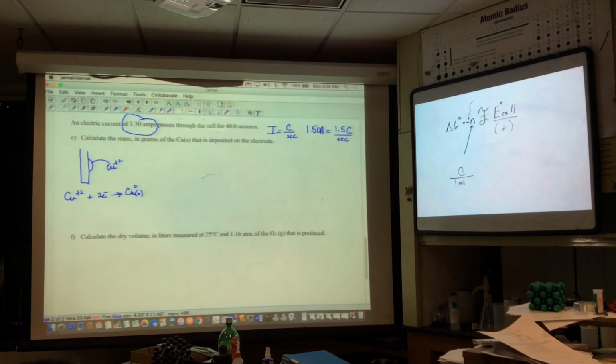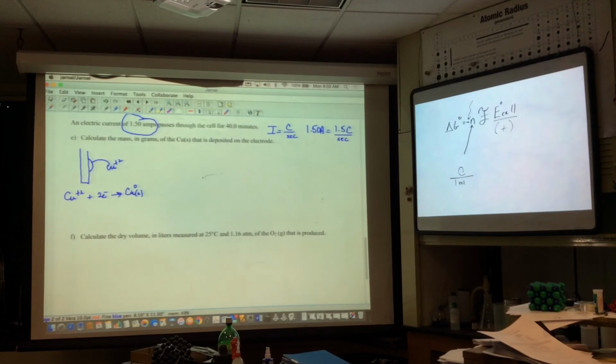If I know the coulombs or charge being passed around, and I know the total time, won't I figure out the total charge over that time period? And wait a minute. If I know Faraday's constant gives me what? The total charge per how many electrons, I can convert that to total electrons. And that'll give me half of that number, the copper being made. Moles of copper, convert that to grams, booyah.